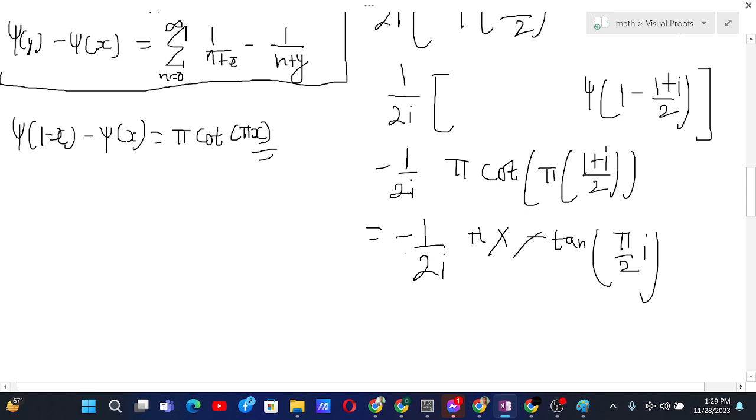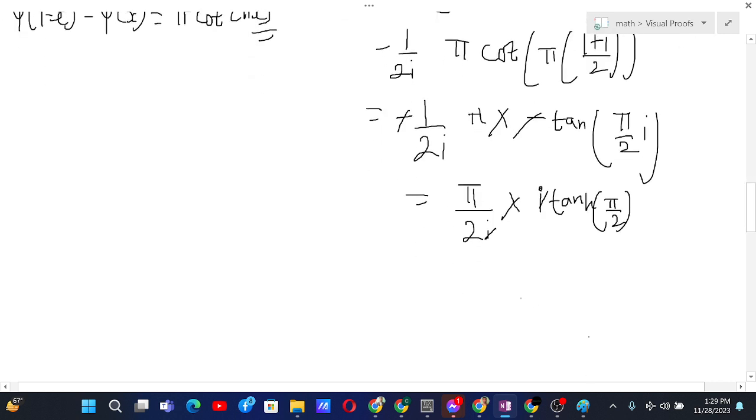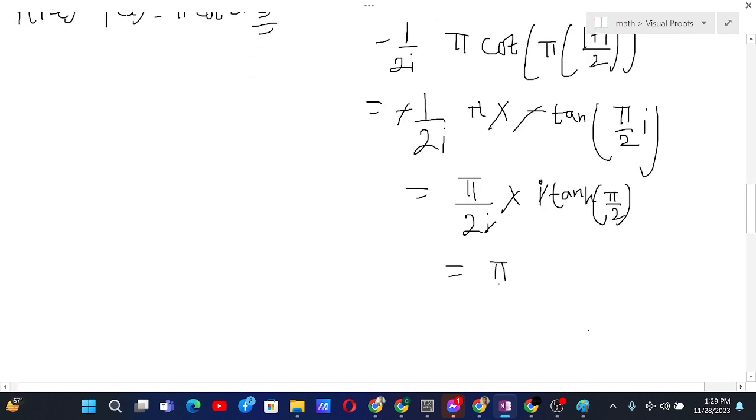Now this minus sign will cancel out, and we have pi by 2i times tan of ix. But tan of ix is actually i tanh x, so that is i times tanh of pi by 2, and now this i cancels out. That leaves us with pi by 2 tanh of pi by 2.